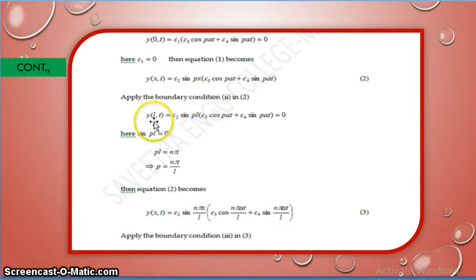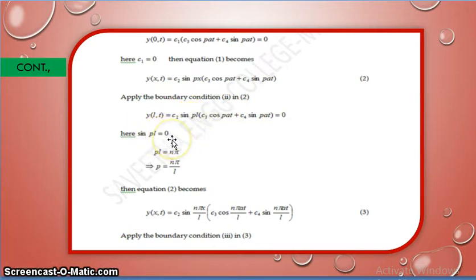Put x equal to L: y of L comma t equal to c2 sin pL into c3 cos pat plus c4 sin pat equal to 0. We know c3 cos pat plus c4 sin pat is not equal to 0 from equation number 2. Then c2 is also not equal to 0, since if c2 were 0 the whole thing would vanish. So sin pL is 0. Therefore sin pL equal to 0.